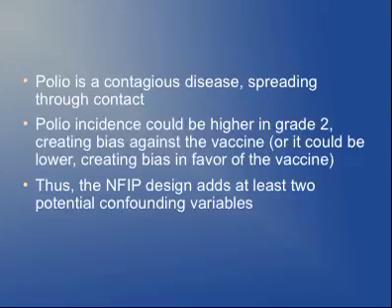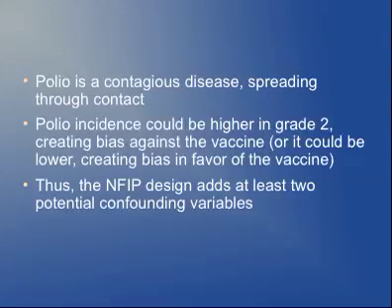Or it could be this happens in grade 1, in which case it introduces bias in favor of the vaccine. So there's at least 2 potential major confounding variables it introduces, and maybe more. Perhaps kids in 1st grade are more susceptible generally than kids in 2nd grade. Then that would create a 3rd confounding variable.